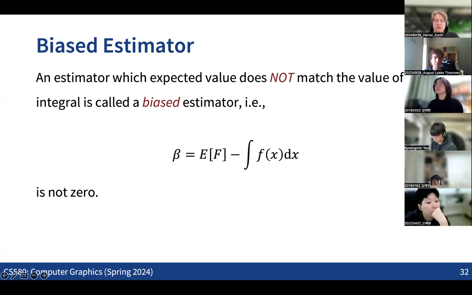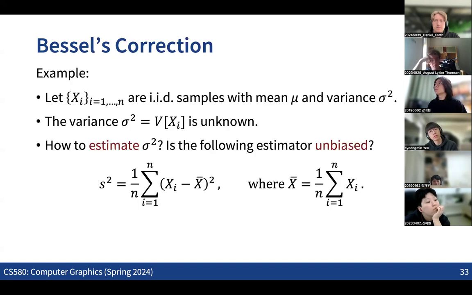Let's think about one of the famous examples of a biased estimator that you would learn in a statistics course, the simplest case. Let's think that we have IID samples, n samples, all coming from the same probability density function, which has mean mu and variance sigma squared.